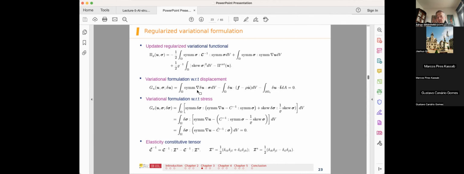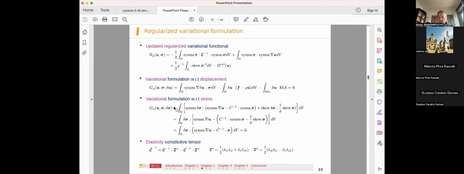That gives me the symmetric part of the virtual displacement gradient paired with the stress tensor, which is not necessarily symmetric, minus the equivalent work of the external forces, that is virtual displacement dot F, F being a distributed load, rho U double dot being the inertia force. And here you have a contribution of the imposed boundary traction.